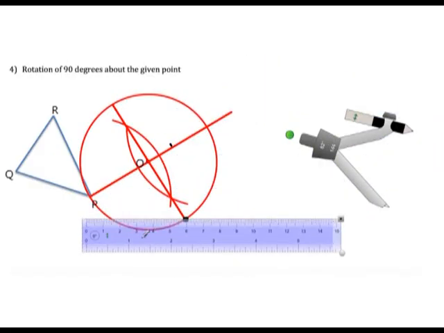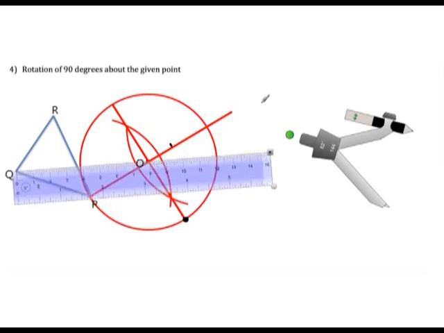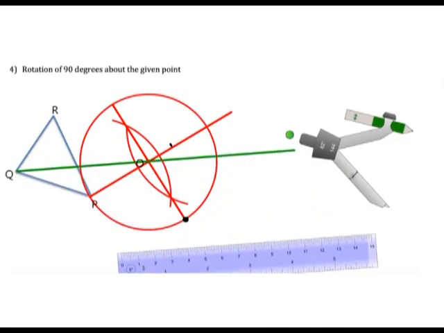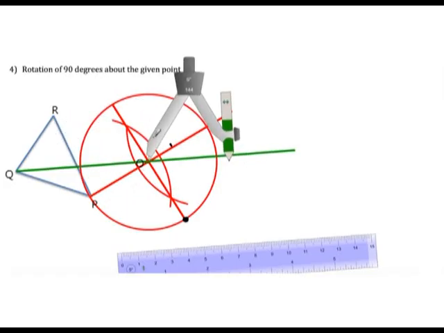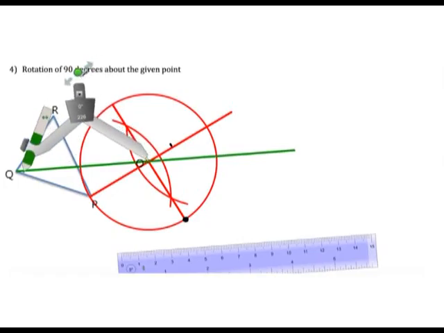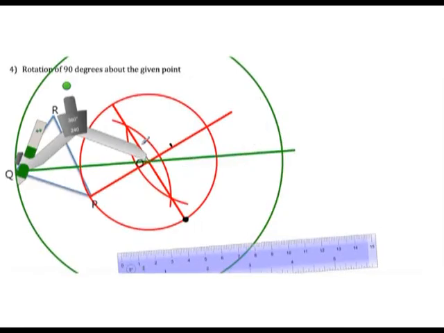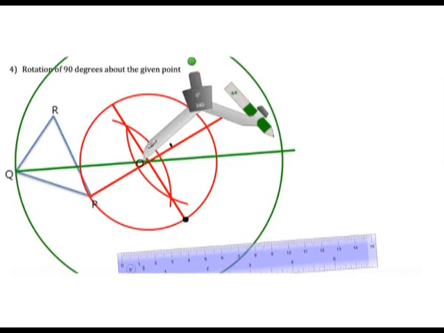We will do the same for the other points here. Join Q to O. We use green. Next is to measure that distance QO. There. That's okay. And draw the circle. We now bisect the line.